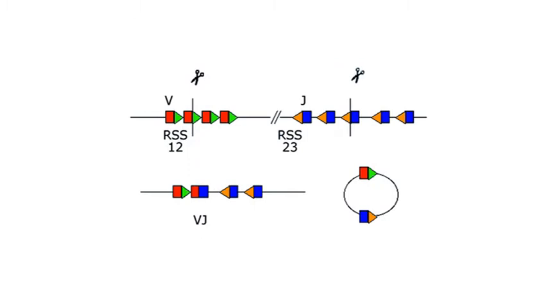TCR germline DNA has conserved heptamer and nonamer recombination signal sequences, or RSS, containing either 12 base pair one-turn or 23 base pair two-turn spacer sequences, flanking each V, D and J gene segment.